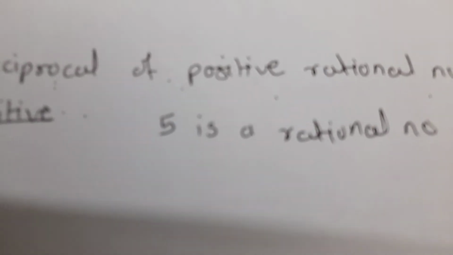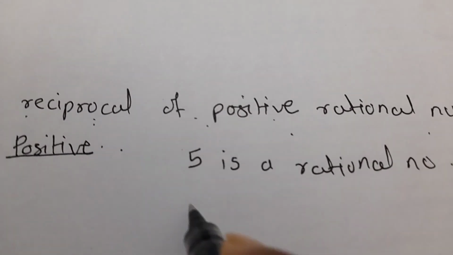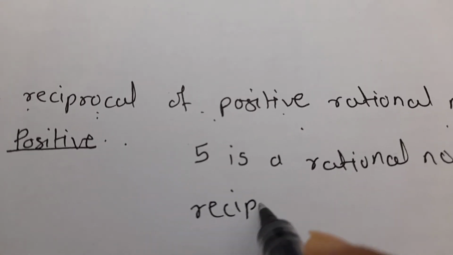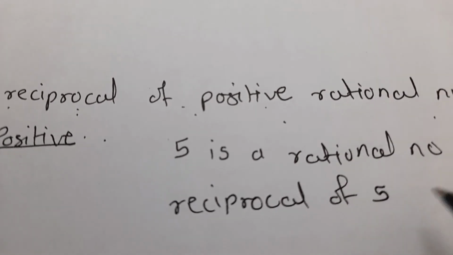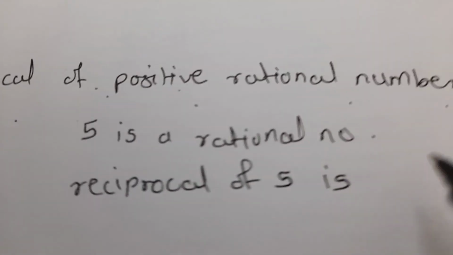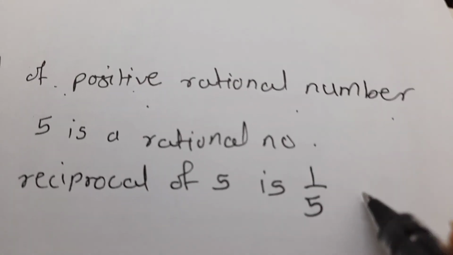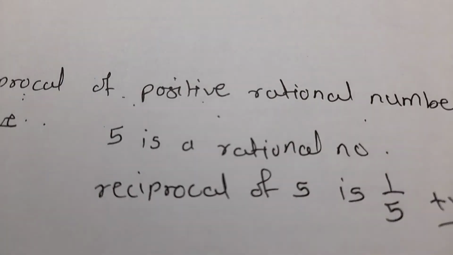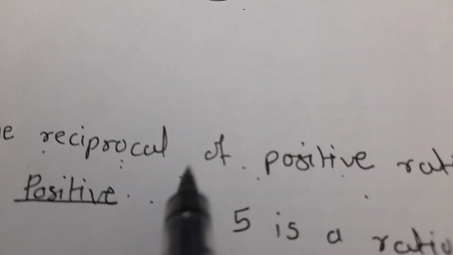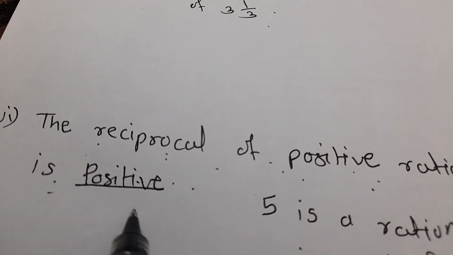Therefore, the reciprocal of 5 is 1 upon 5, which is also a positive number. That's why the reciprocal of a positive rational number is positive.